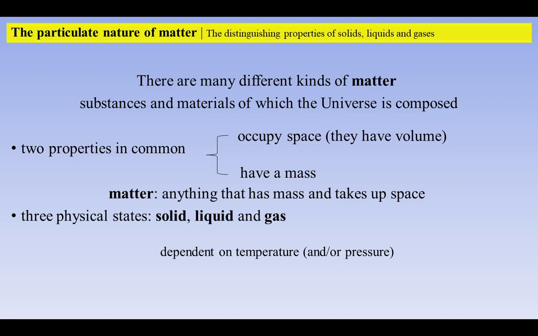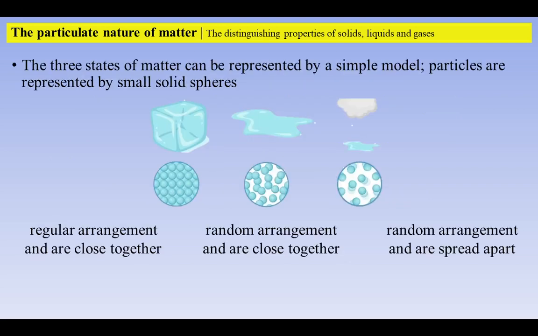And actually, these three physical states depend on temperature and also on pressure, which means that by changing temperature or pressure, we can change the physical state of matter from solid to liquid or from solid to gas or from liquid to gas. Okay.